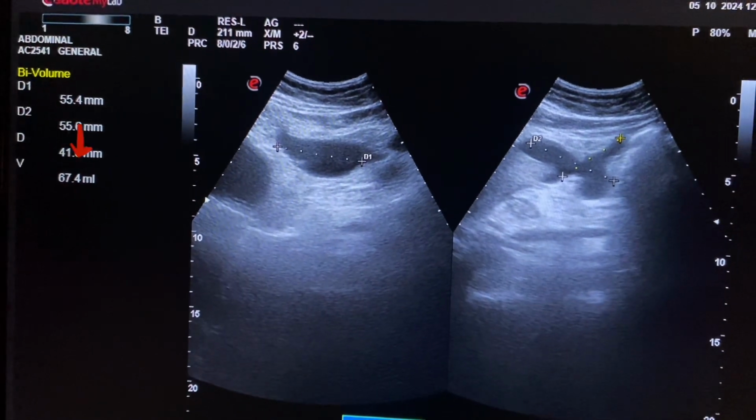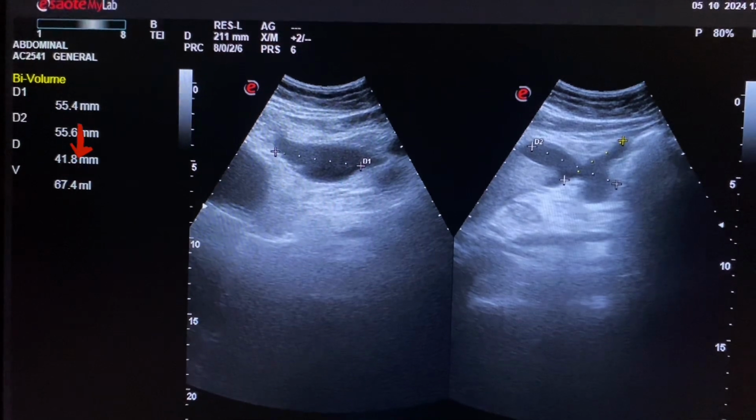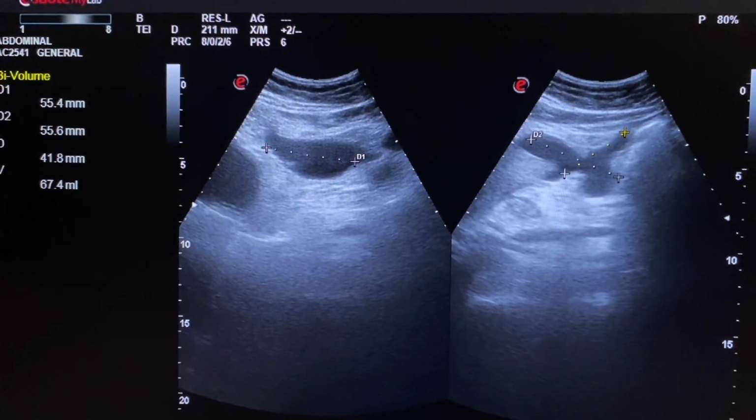The volume of this collection is 67 ml at epigastrium area or at left lobe of the liver.